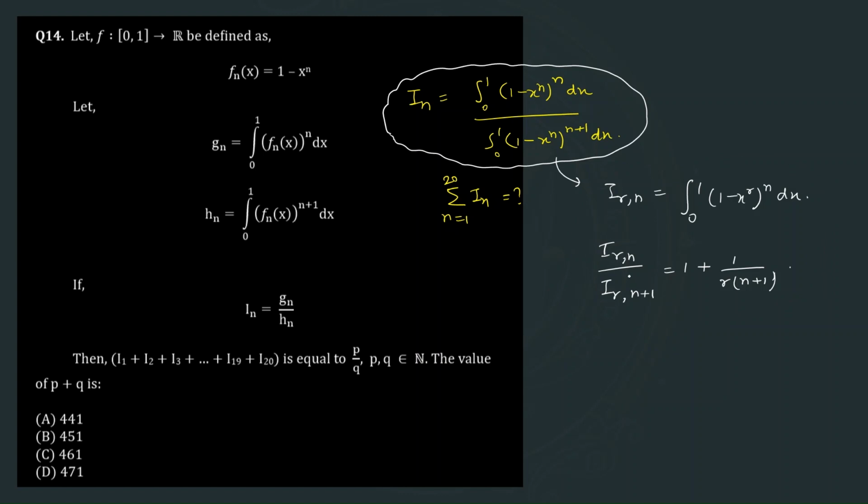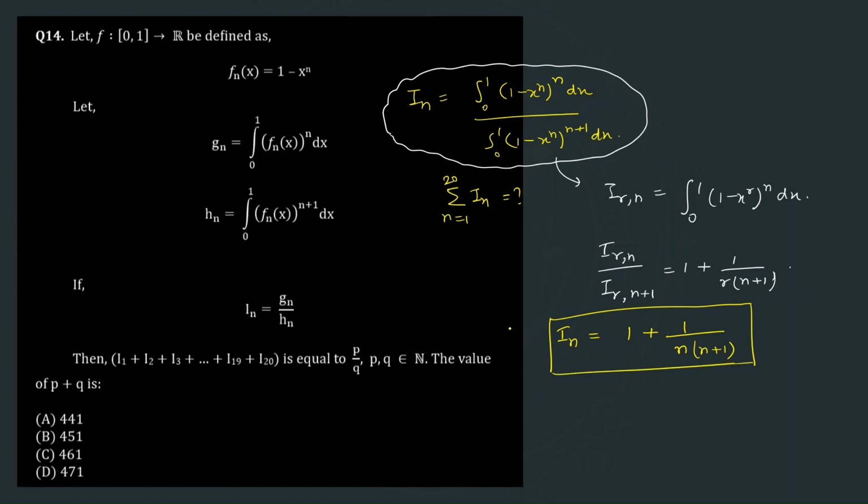This is the formula that we have to use here. So this integral is nothing but I of n comma n divided by I of n comma n plus 1. So In comes out to be 1 plus 1 divided by n into n plus 1, with r equal to n. This is the general expression for In.